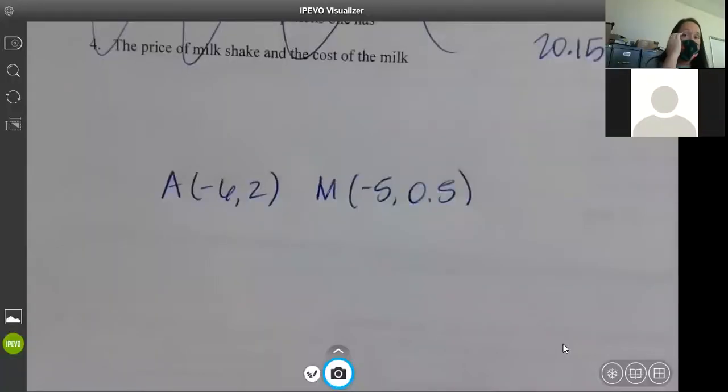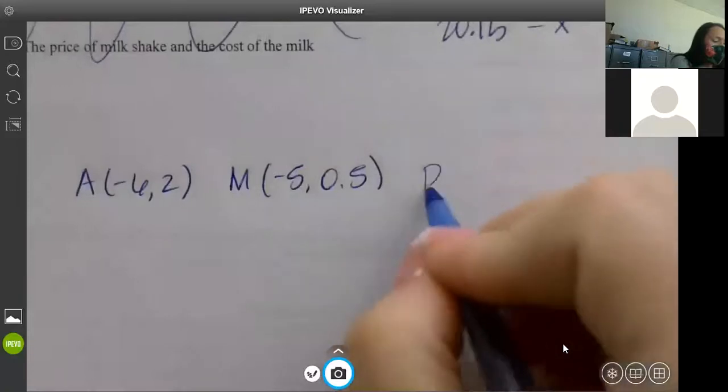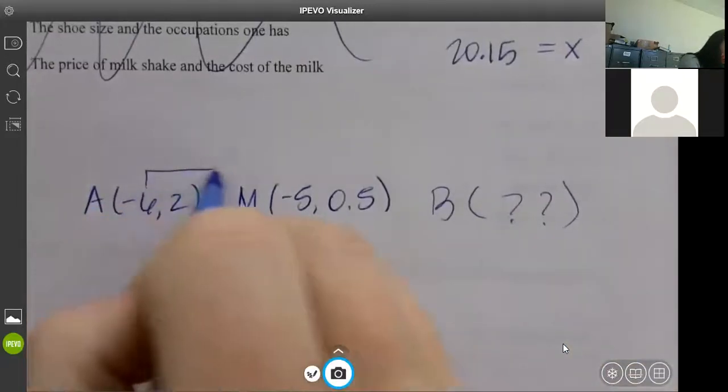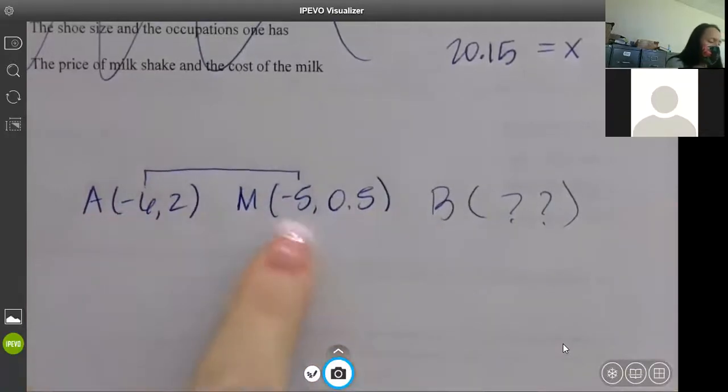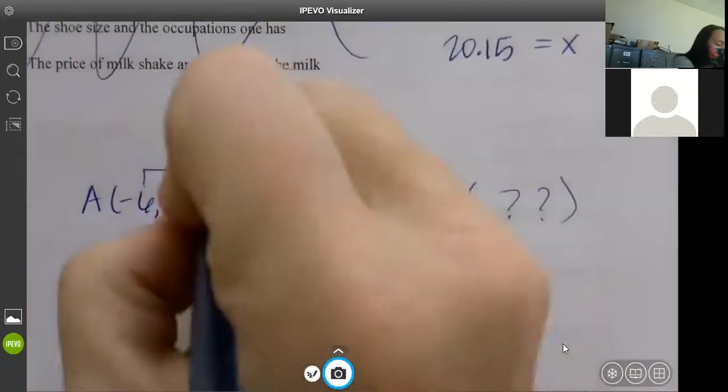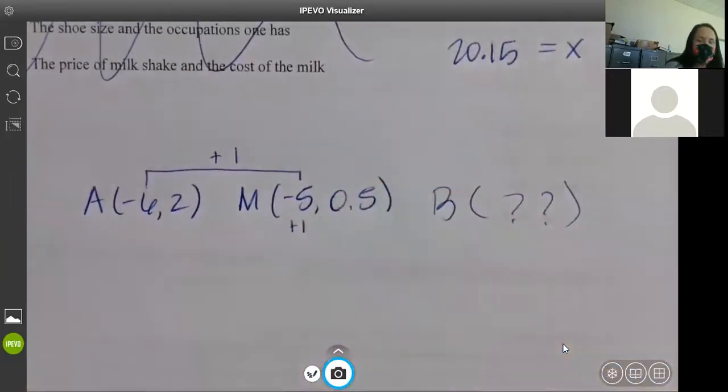Okay, this will be real quick. So this is what you have, and you're finding the other coordinate over here. So how far is it on a number line from -6 to -5? 1. And did I move up or down going from -6 to -5? Up. So it'll be a +1.